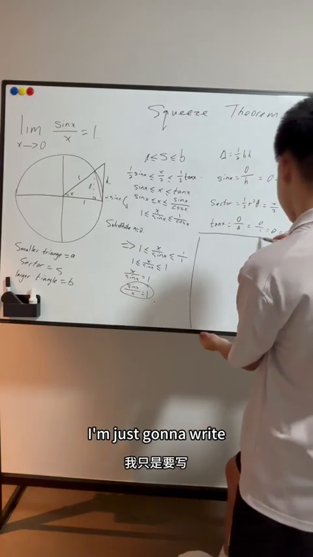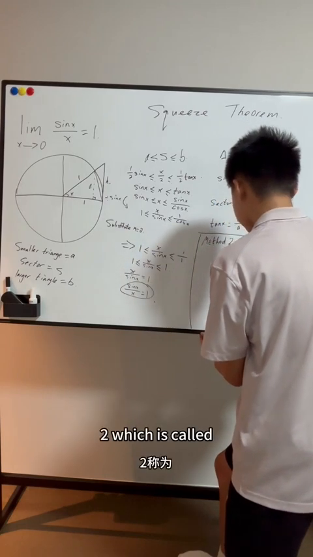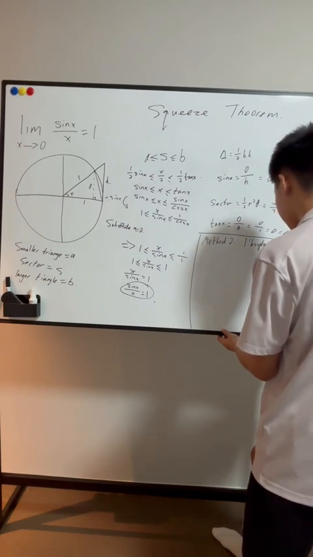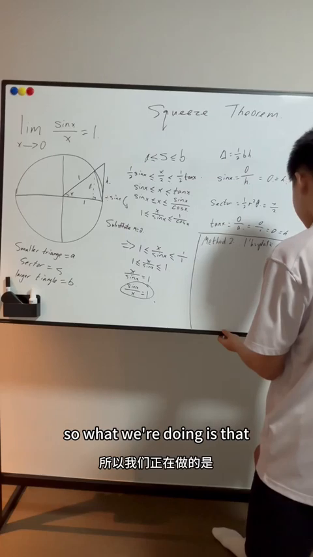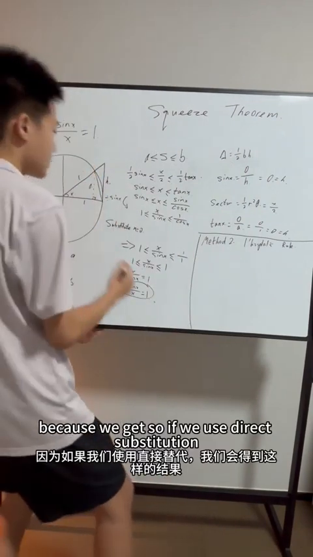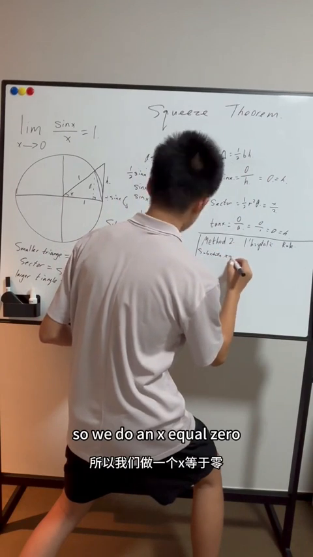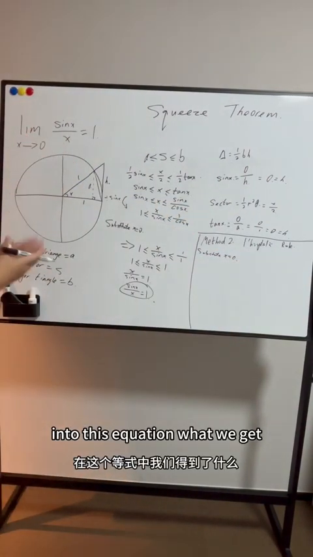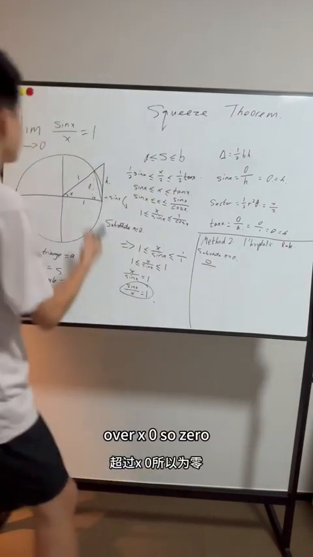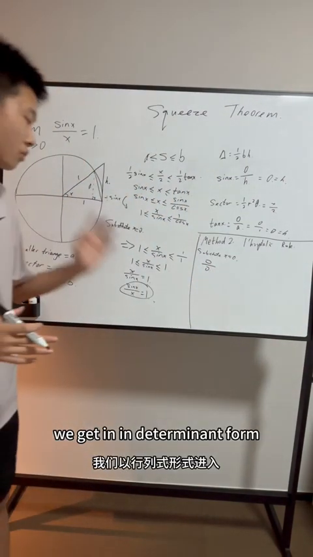I'm going to write method 2 here. Method 2 is called L'Hopital's rule. If we use direct substitution, substituting x equals 0 into this expression, we get 0 on the top because sine of 0 is 0, over 0 on the bottom, so we get an indeterminate form.